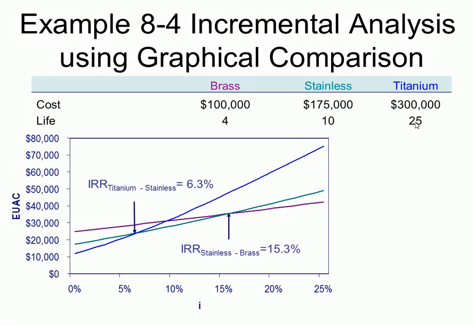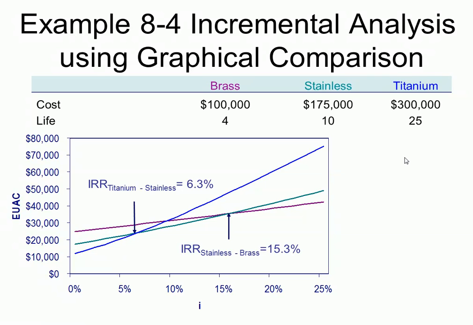And here we rank the initial cost from the lowest to the highest. So we disregard this because this compares the two alternatives that are far away in terms of initial cost from each other. So we only consider this and this in our decision making.